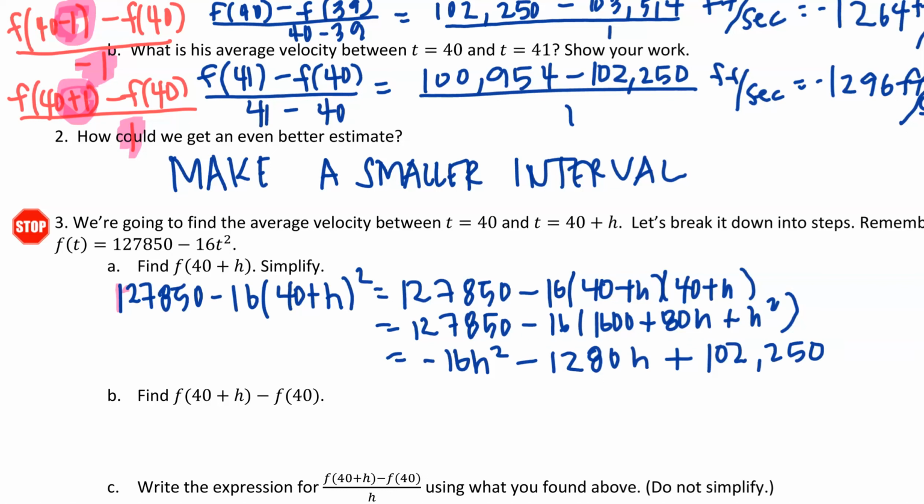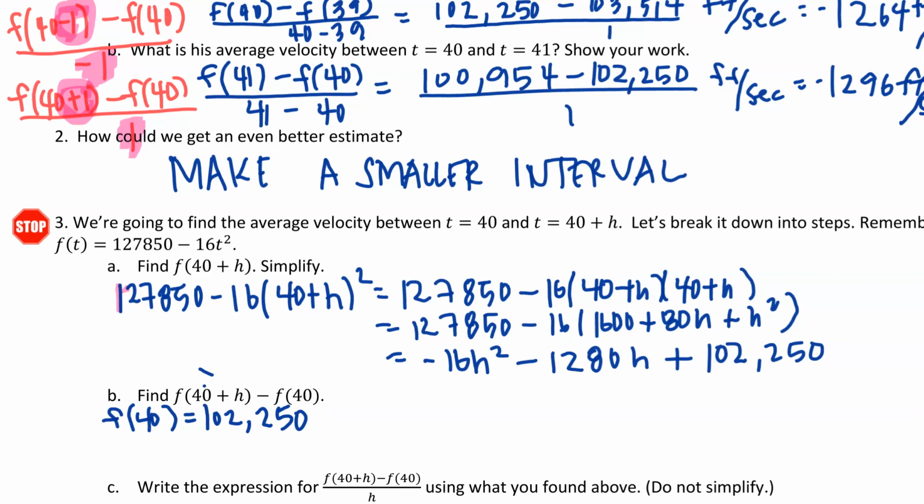So now if we take that and subtract f of 40, so what is f of 40? So f of 40 is 102250. Well, that's interesting. That's the same number, right?